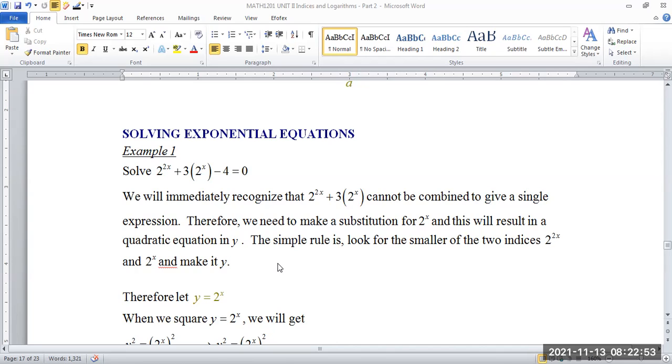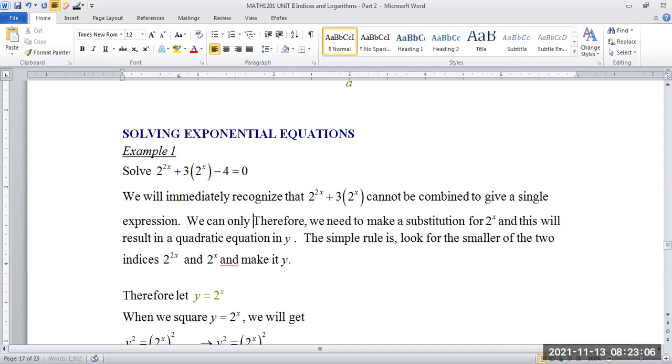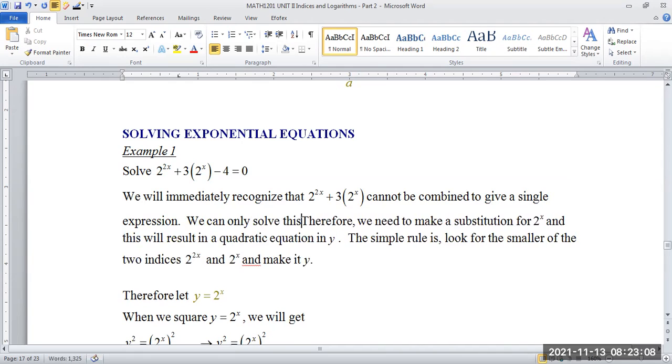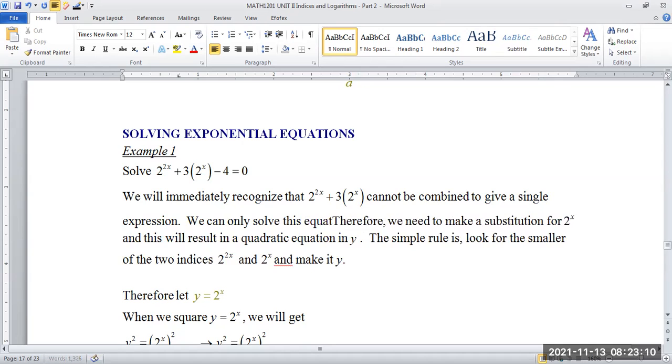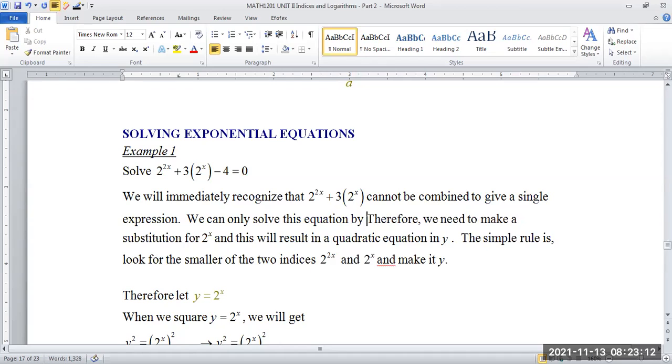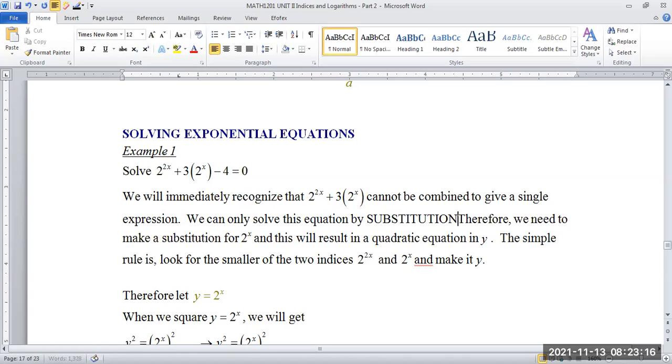Now, the only way we can solve that equation is by substitution.